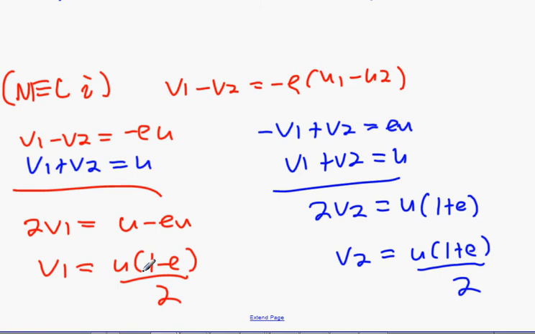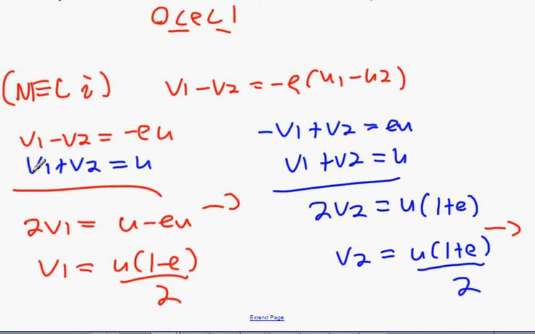No matter what the value is of E, remember E is between 0 and 1, V1 at best stops, it never goes left. V1 is always travelling to the right. V2 has to travel to the right no matter what, because it's 1 plus E, and E always has a positive value between 0 and 1.